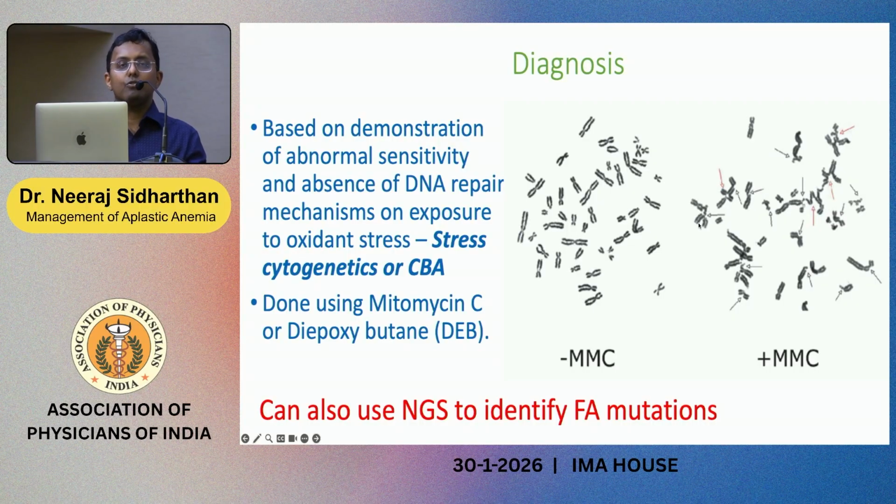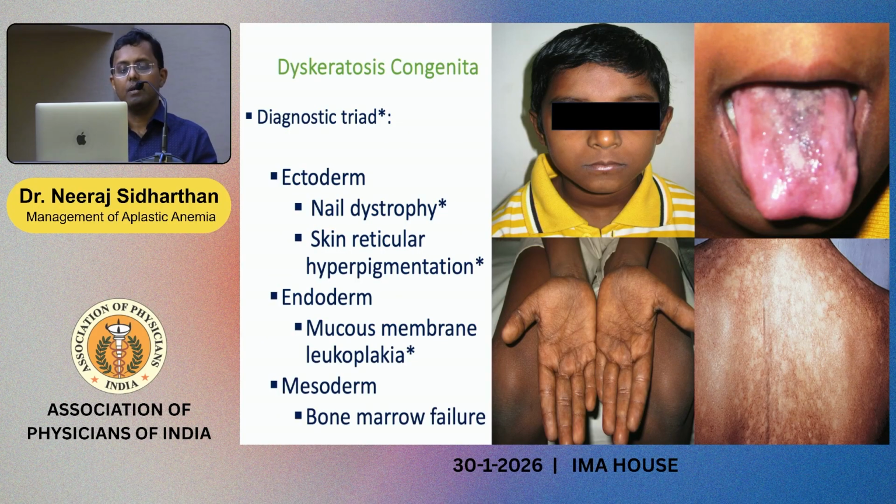Because in Fanconi the DNA repair mechanism is defective, you will find increased triradial formation with mitomycin stress or diepoxybutane stress. This test is called stress cytogenetics. Again, this is a very old test, but it's still being followed as a screening test for Fanconi.